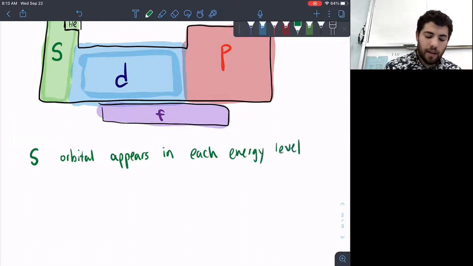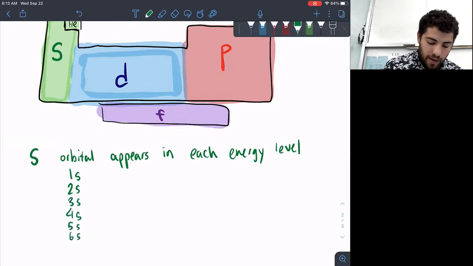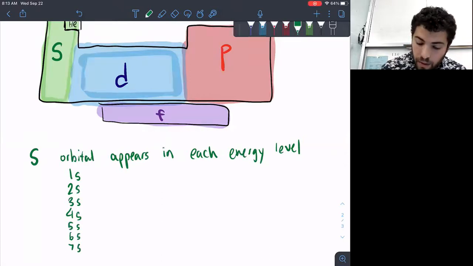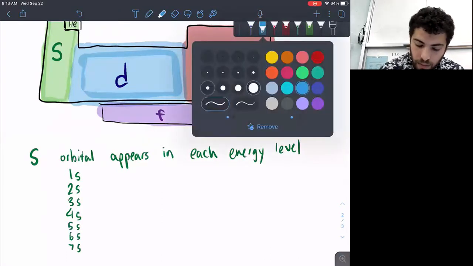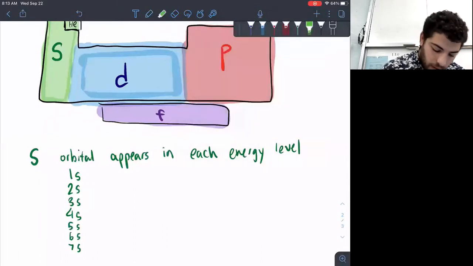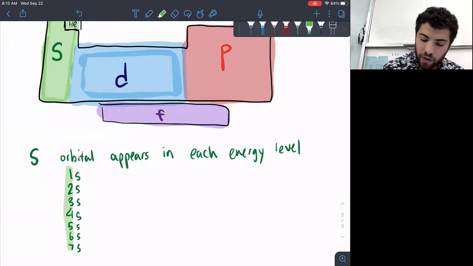What I mean by that is that there is a 1s, a 2s, a 3s, a 4s, a 5s, 6s, and a 7s orbital. All of these exist. The number in front tells us the energy level.